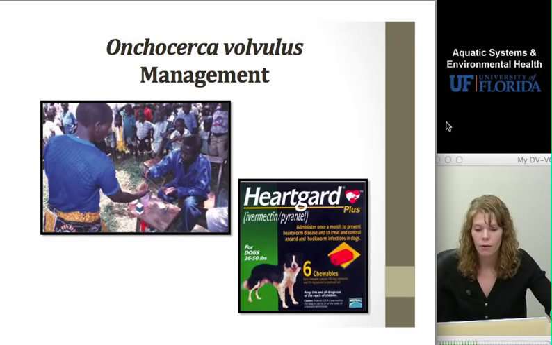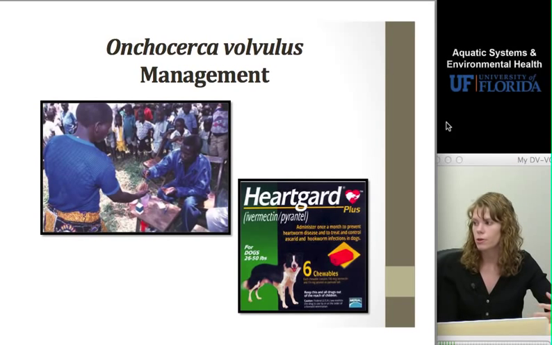In terms of treatment for macrofilaria worms, our techniques are very inadequate. We have nodulectomies, which is basically the surgical removal of the onchocercomas, the dermal nodules on the skin. But many macrofilaria worms live deeper in the muscular tissues and are inaccessible to this removal technique.